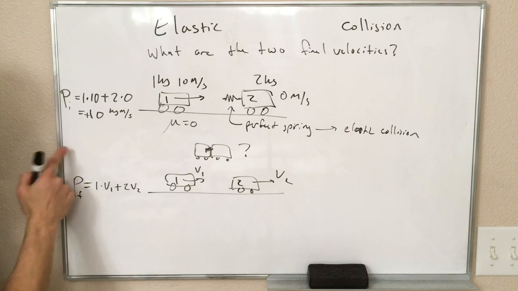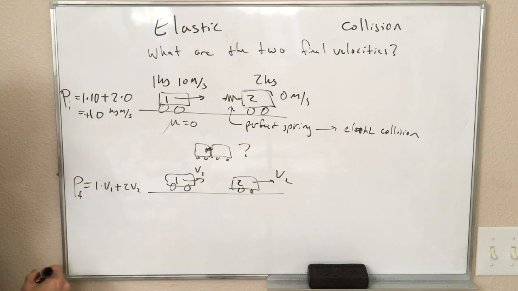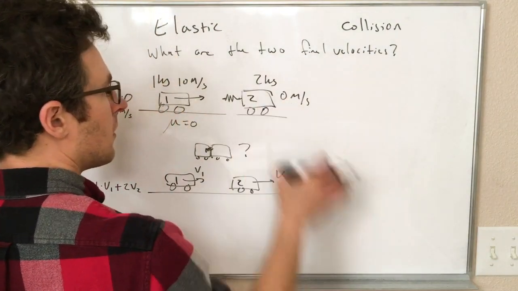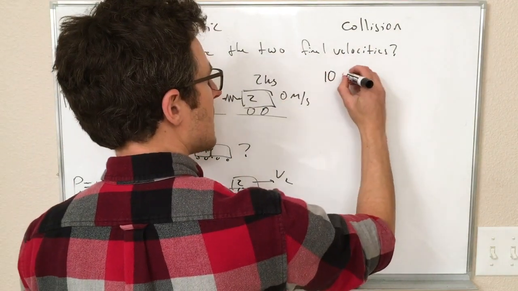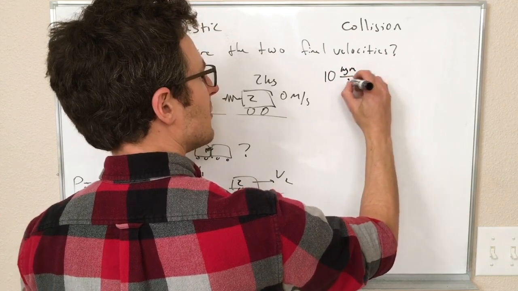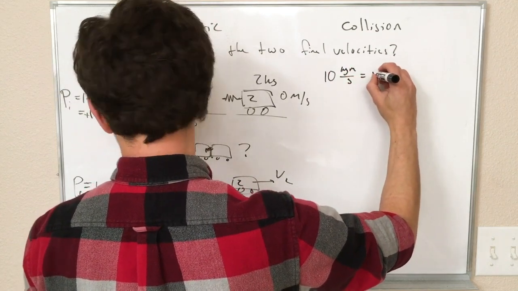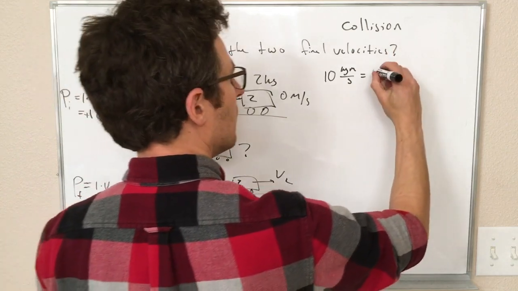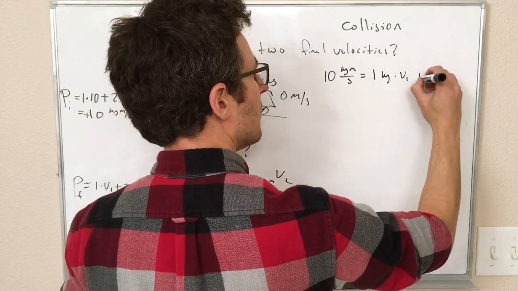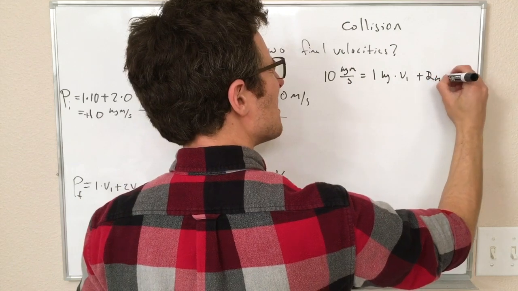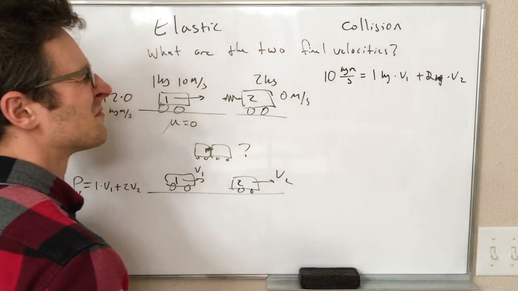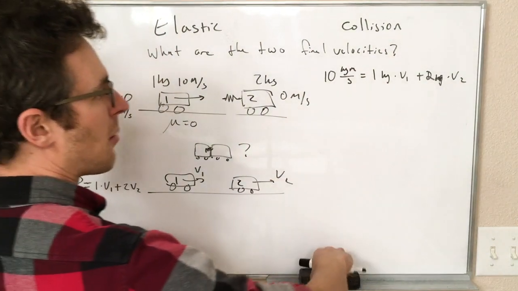So these two things have to be equal, and I'm going to write that over here. That is 10 kilogram meters per second equals 1 kilogram times V1 plus 2 kilograms times V2. And for the rest of this, I'm going to drop the units.